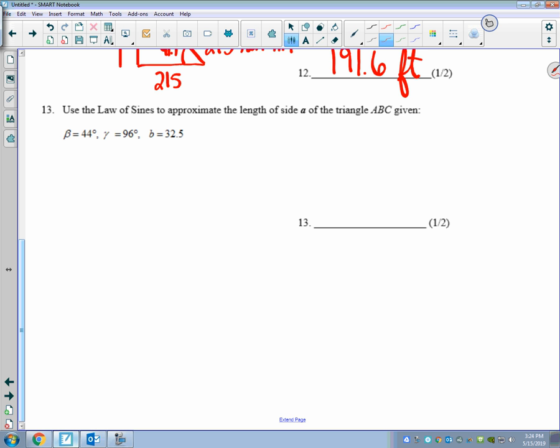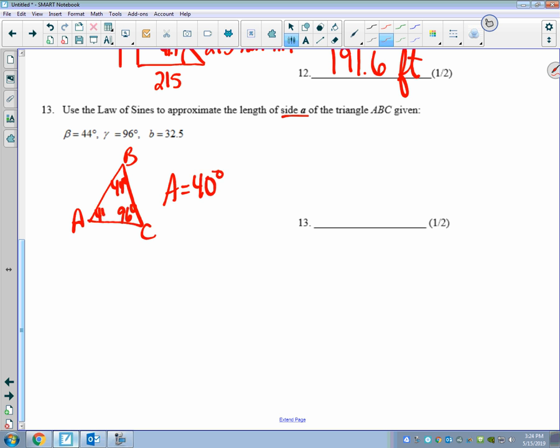Number 13 says use the law of sines to approximate the length of side A. So law of sines, because they give me this, right? If I labeled this A, B, and C, B is 44, C is 96, which means I could find angle A by just subtracting from 180, which would be 40 degrees.